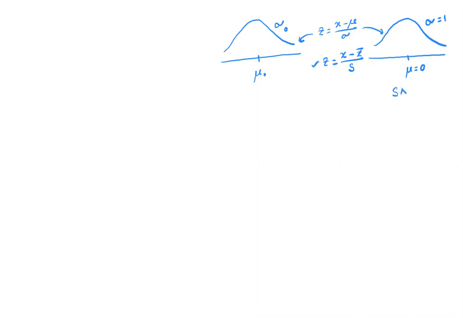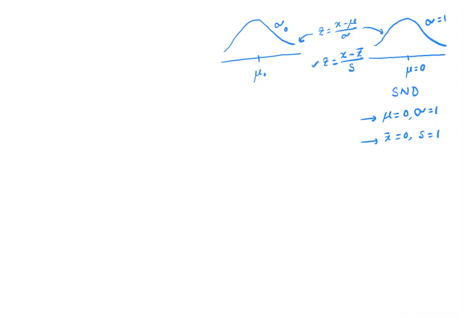Standard normal distribution has a mean of 0 and sigma of 1. Mean 0, standard deviation 1, or x bar 0, or s 1. This is for sample and this is for population.